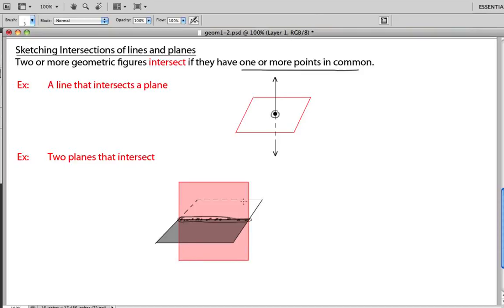So that's why this is an intersection of two planes. While we're looking at this, I can show you an example of how two points can not be coplanar. If I put a point here on the red plane and put a point here on this bottom plane, these two points are not coplanar because they are sitting on different planes.